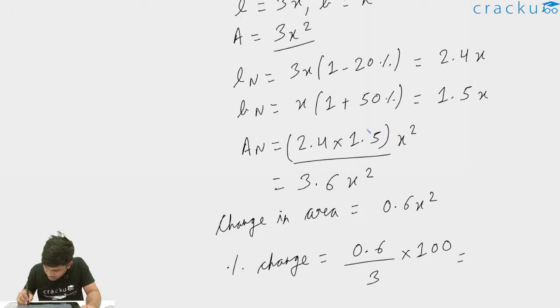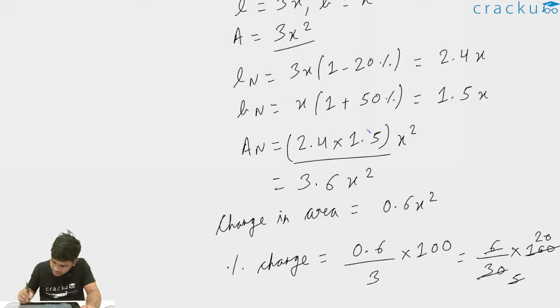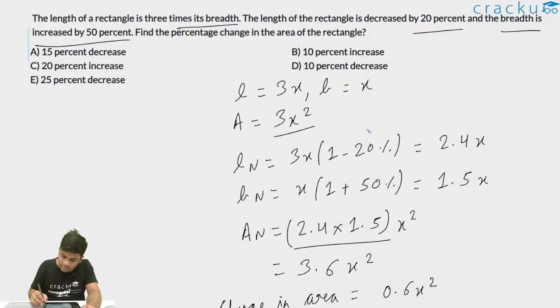So from here you will get 6 by 30 into 100. So it is 6 5s and this will be 20 times. So percentage change is 20% increase because the area actually increased from 3x square to 3.6x square. So answer is option number C, which is 20% increase.